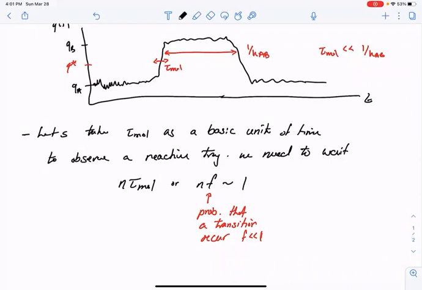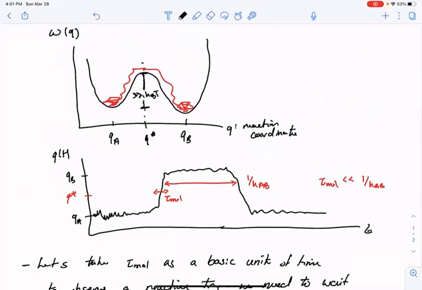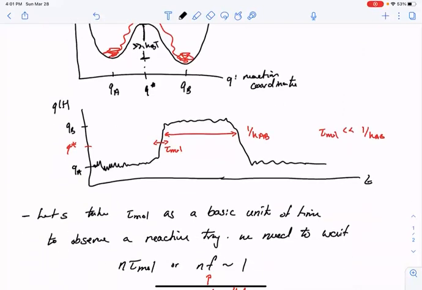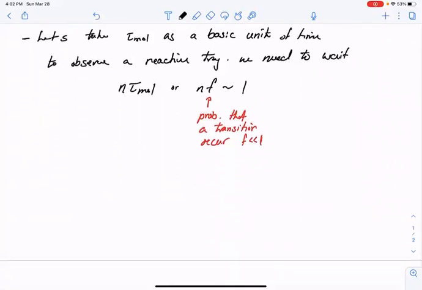If we imagine that the system, as we've drawn in our cartoons, starts in basin A, the probability that it is still in basin A, given that the attempts are uncorrelated, is straightforward to work out.